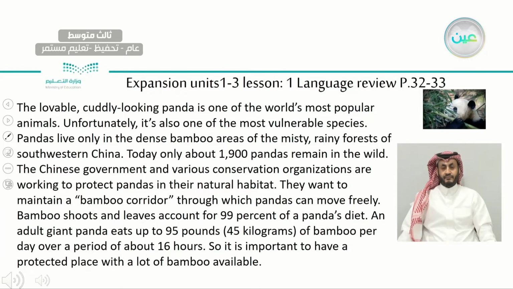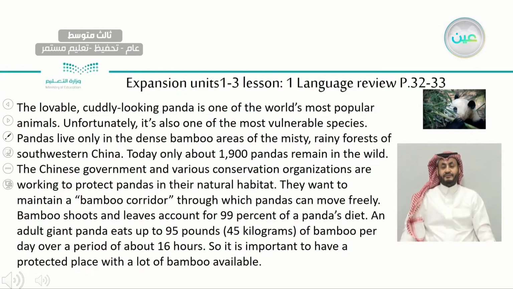The lovable, cuddly-looking panda is one of the world's most popular animals. Unfortunately, it's also one of the most vulnerable species. Pandas live only in the dense bamboo areas of the misty, rainy forests of southwestern China. Today only about 1,900 pandas remain in the wild. The Chinese government and various conservation organizations are working to protect pandas in their natural habitat.